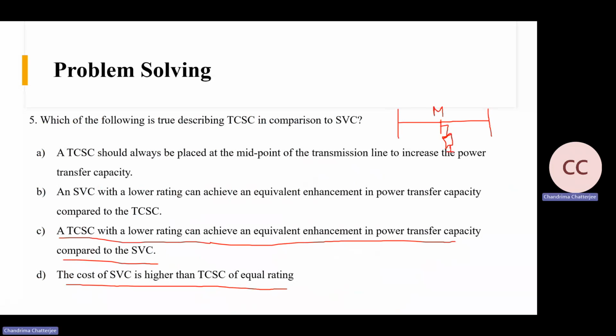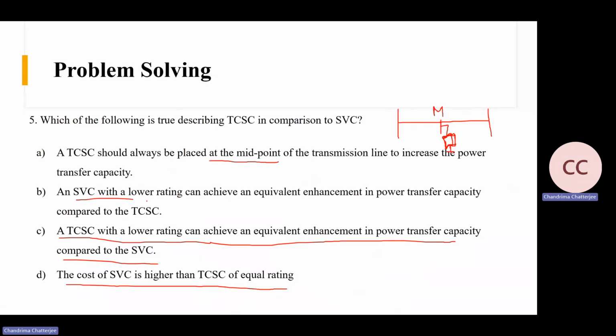But for TCSC, that is not the criteria. You can place the TCSC anywhere and you can get the same advantages, the same compensation. So the first option is not correct. Should always be placed at the midpoint, that is not applicable for TCSC. That is applicable for SVC.